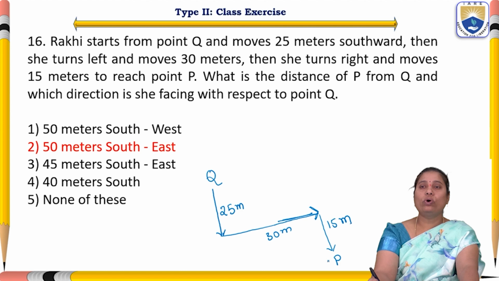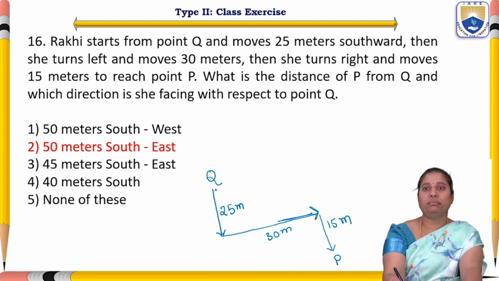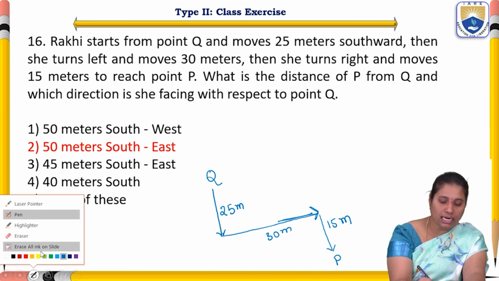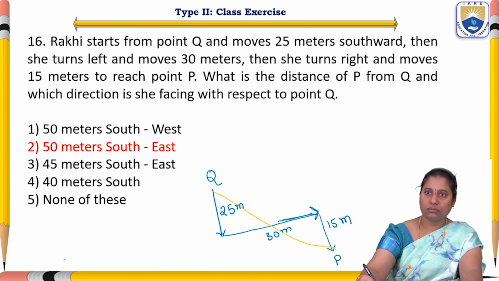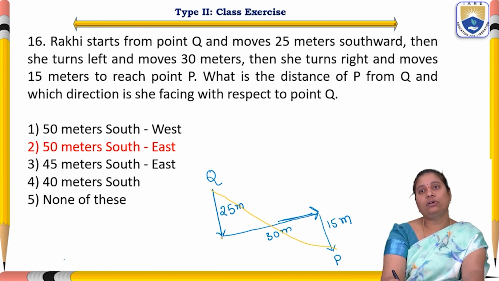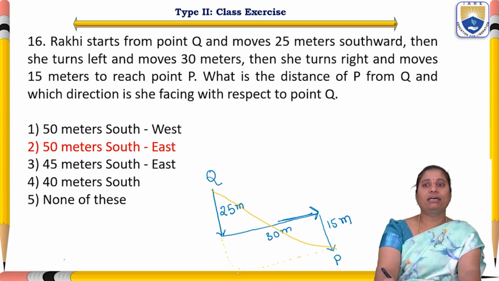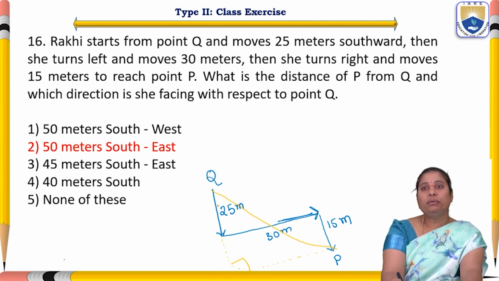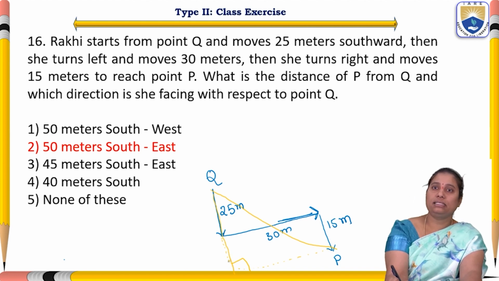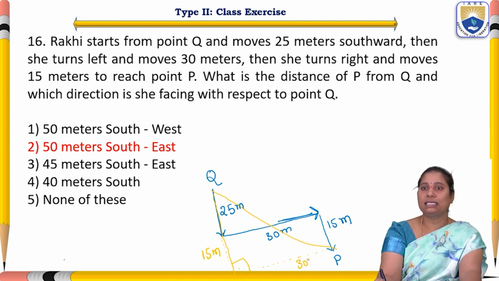Now the question is, what is the distance of P from Q? If we draw a line between P and Q, and complete it with parallel lines, we get a right angle triangle between Q and P. One distance along this axis is 25, parallel to it is 15 meters, and parallel to this line it is 30 meters.